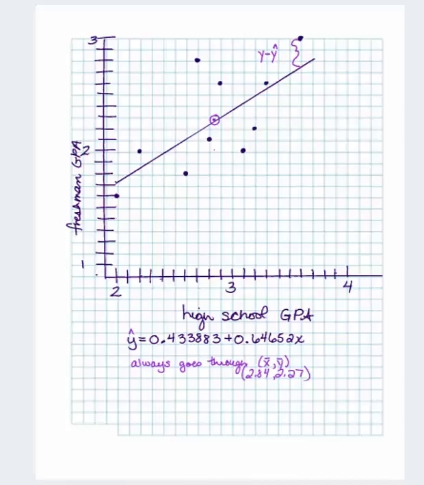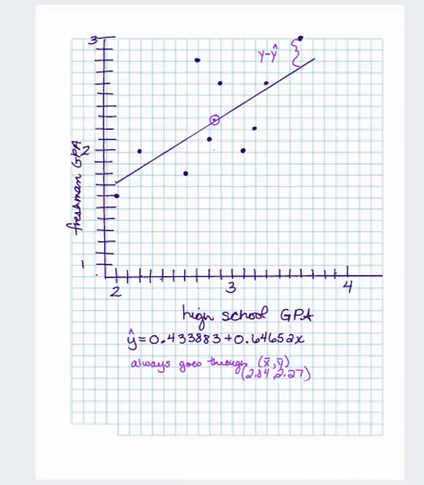Technically, it should be a little bit closer to 2.75, looks like. But instead, it's all the way up at 3. So we consider that an error. We consider it like an unexplained error, is how we would say.